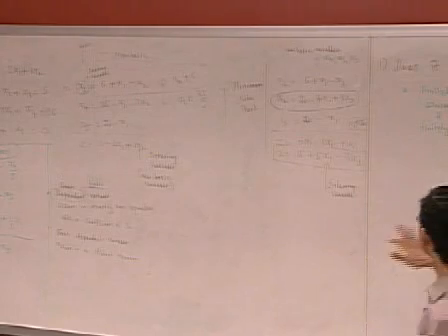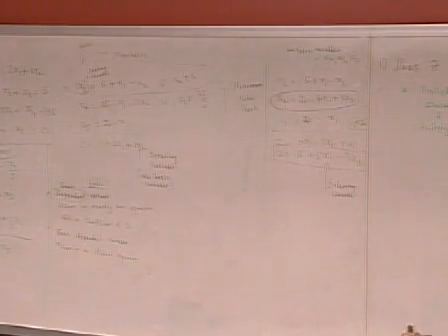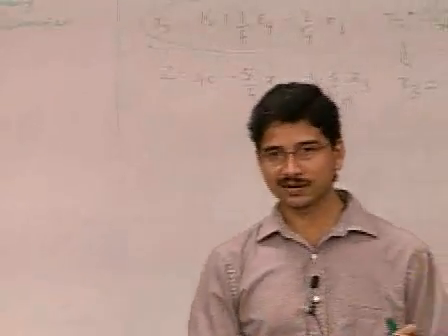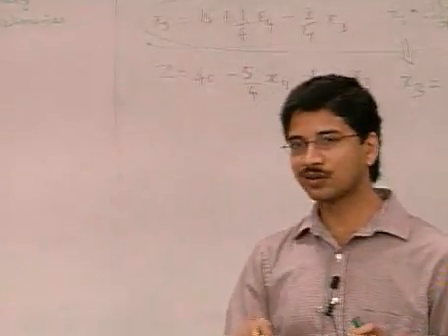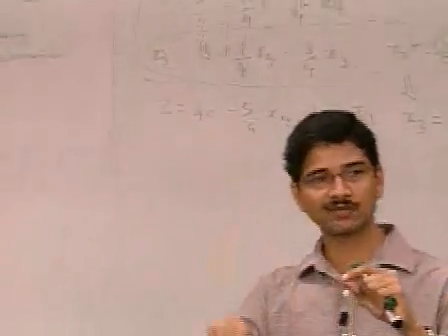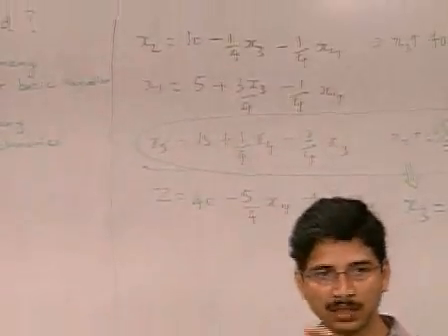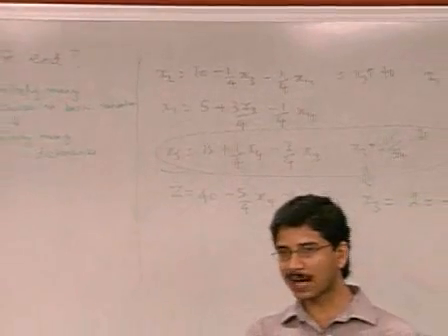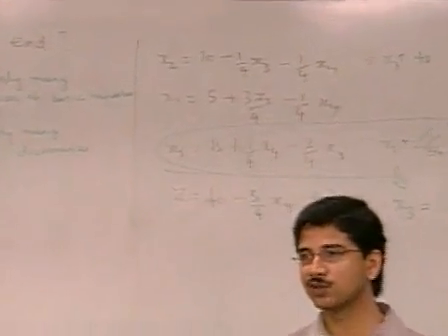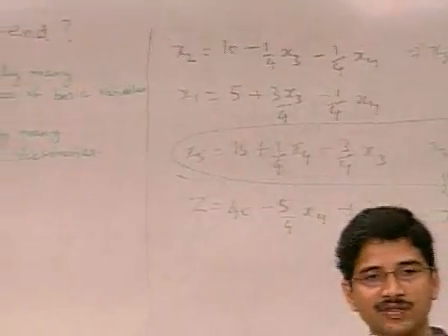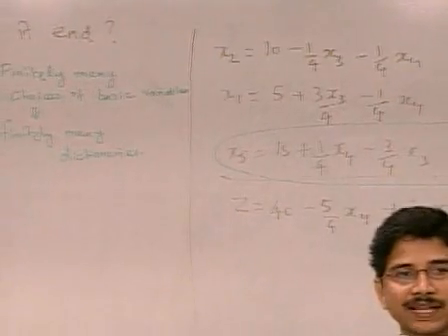So even though there are finitely many choices of basic variables, lots of things could conspire and cause you to go through the same sequence of dictionaries over and over again. Now, for this to happen, you have to use pathological rules to decide which variable enters and which variable leaves when there are ties.